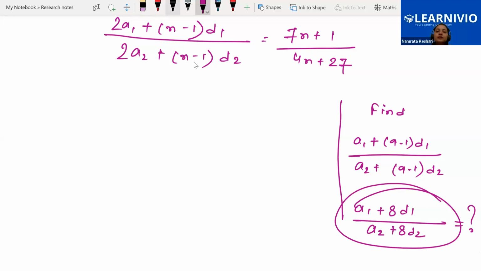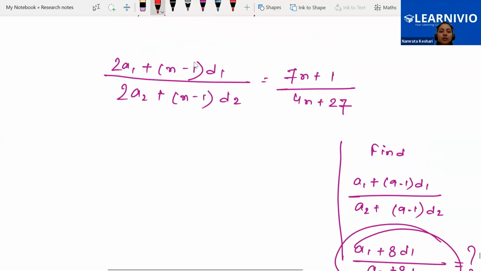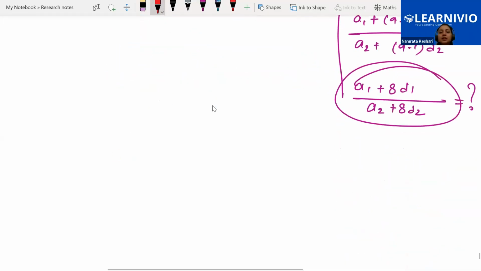Now here we will try doing an arrangement. In the numerator and in the denominator, we will try making it A1 first. So let's take 2 common, because we want to create something like this.